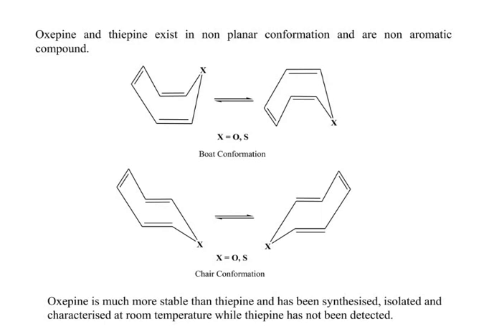Oxepine is much more stable than thiepine and has been synthesized, isolated, and characterized at room temperature, while thiepine has not been detected. I hope this concept is clear to you. What is the concept? Azepine, thiepine, oxepine exist in tautomeric form.